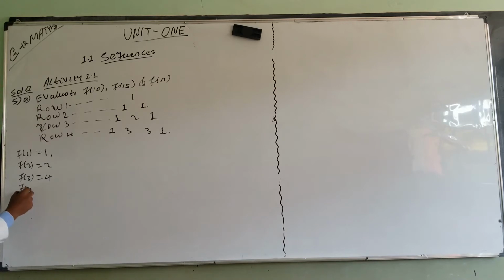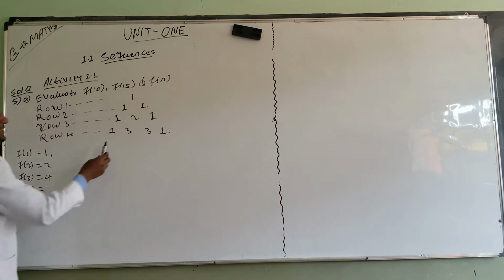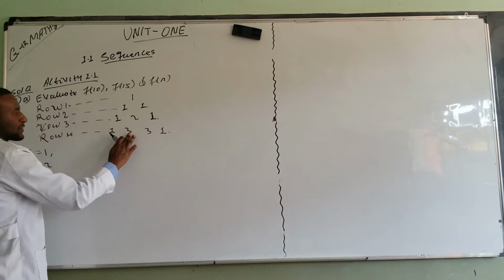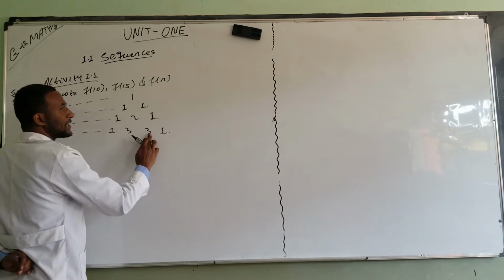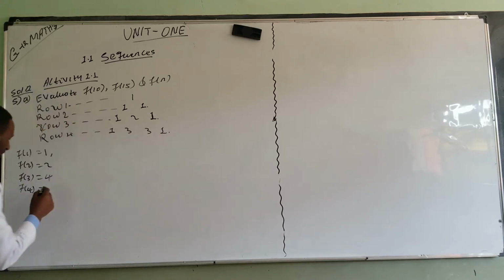And the sum of numbers in the fourth row means 1 plus 3 is 4, 4 plus 3 is 7, 7 plus 1 is 8. Then we have to find the general formula for f(n).